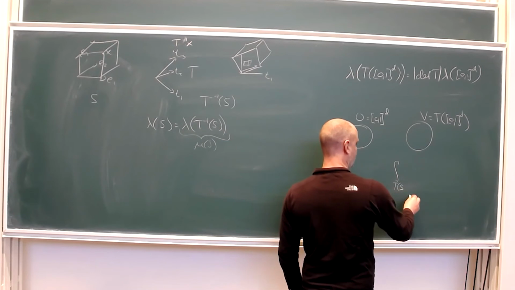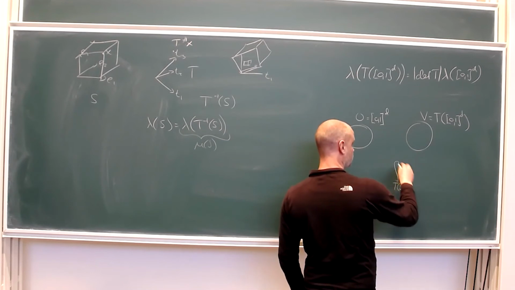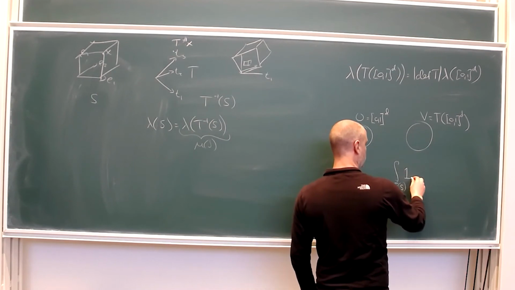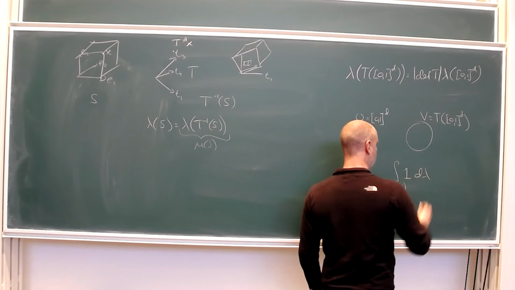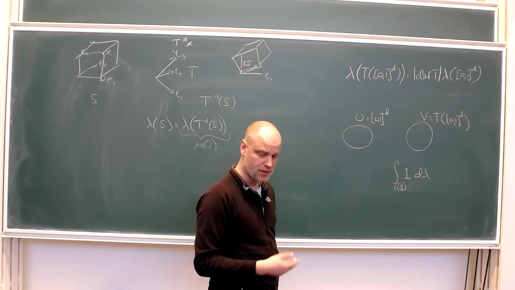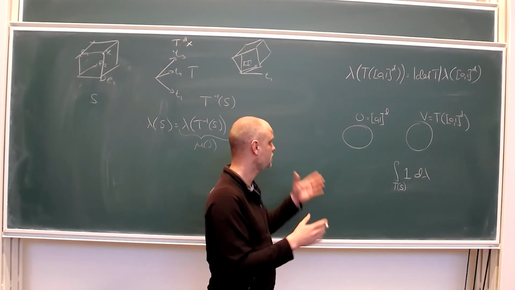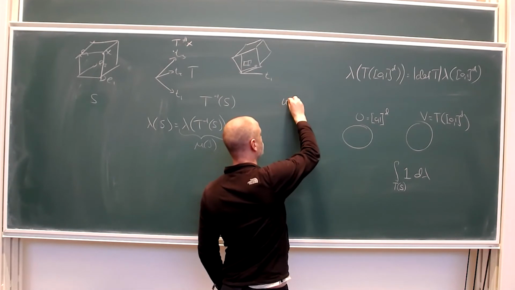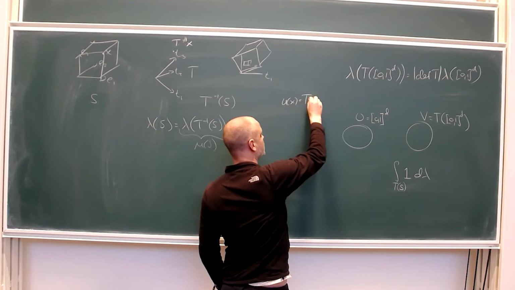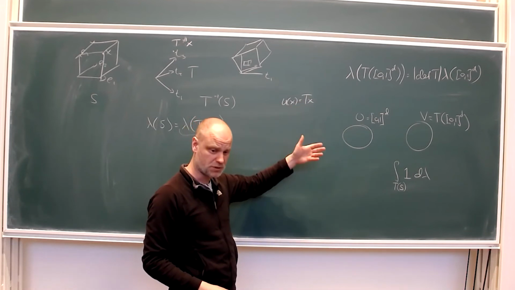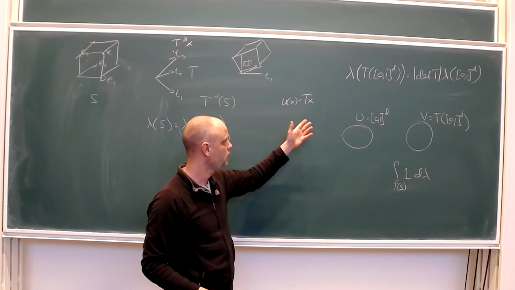of, let's say any set S, and then integrate 1 with respect to lambda. Now, the change of variable can be the function u of x equal to T of x. That's a continuous function, C1 and everything you want.